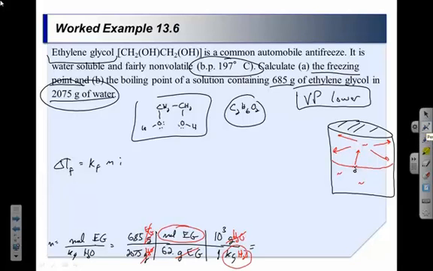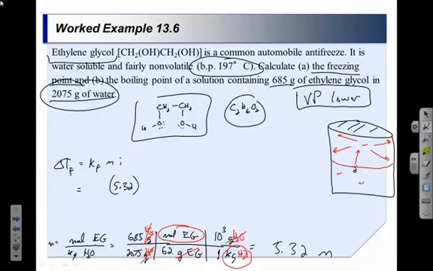So then if I divide that, I get 685 times 10 to the third divided by 2,075 divided by 62, and I get 5.32. That's my molality. So I plug that in for molality.